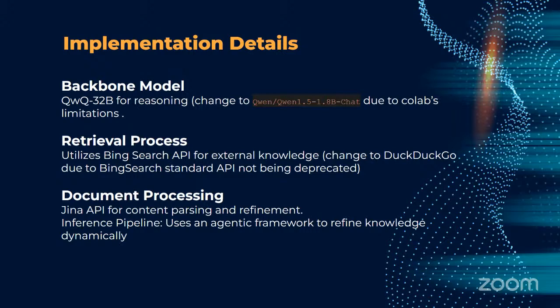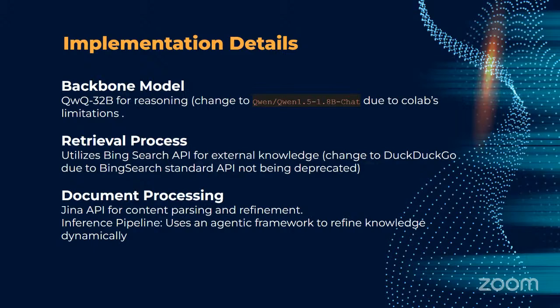We used DuckDuckGo instead of Bing, and then proceeded to use Jina API to extract and refine relevant information collected from the search. We integrated all of this to ensure that our AI model can extract this knowledge dynamically and get it into our pipeline, ensuring that our agent can use this knowledge. This was to ensure that Search-o1 can deliver accurate and logical responses.